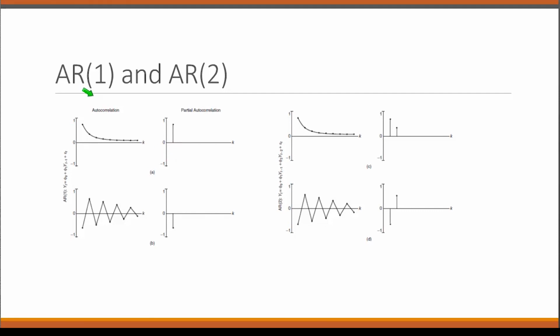If we see two bars, and the rest are virtually 0, then that's the AR2 process. That's the judgment for the AR part. Again, autocorrelation dying out, partial autocorrelation cutting off. Wherever it's cutting off, that's the level or the number for the AR part.